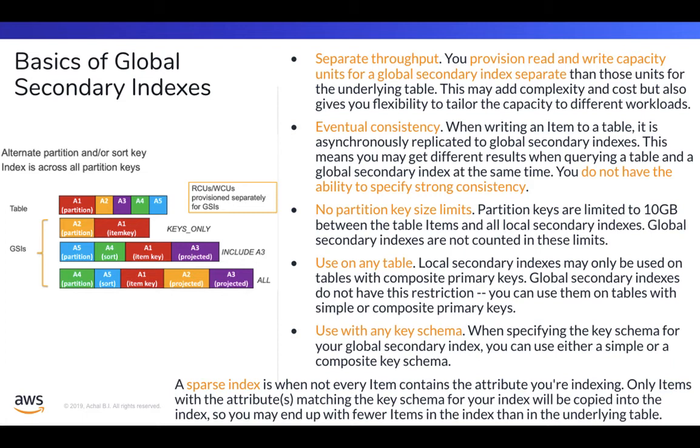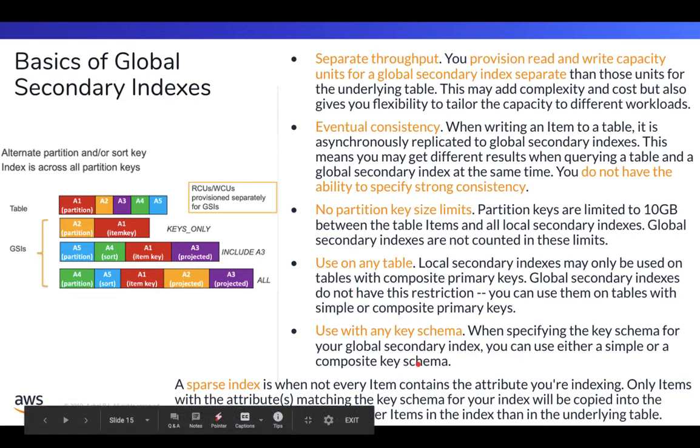So the table could have a simple primary key or composite primary key. It could be used on any kind of table, and you can also use it with any key schema, simple or composite.